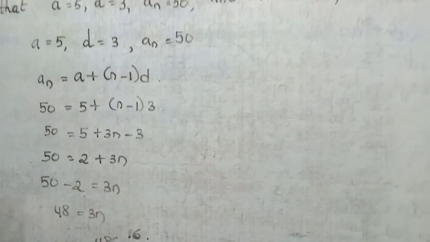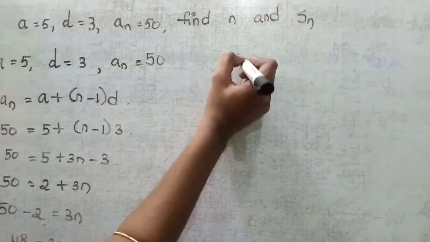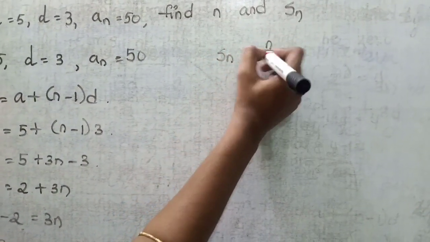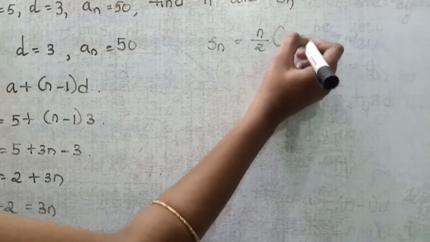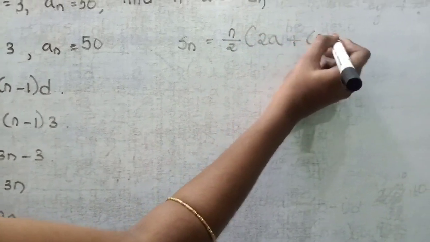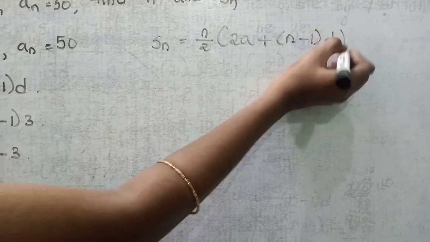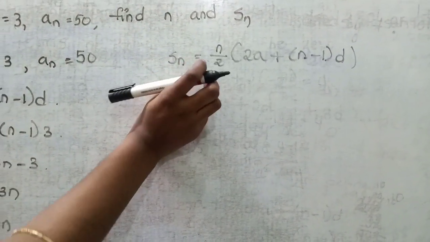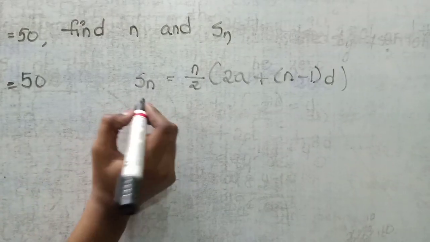Now we should find the Sn. Sn is equal to n by 2 into 2a plus n minus 1 into d. n is 16.